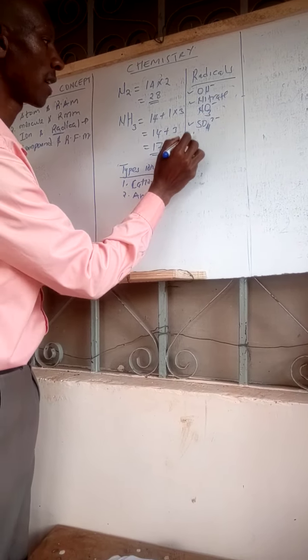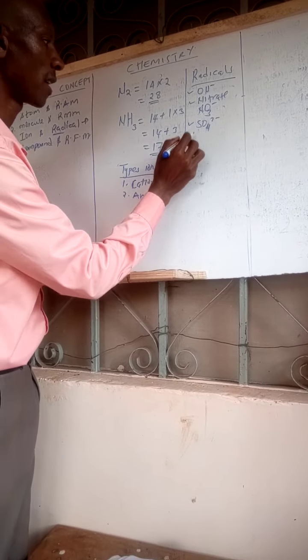Another one, we have ammonium ion, NH4 positive. You can see that some radicals are positively charged, while other radicals are negatively charged. And remember, I've defined a radical as a group of ions that react as one unit.